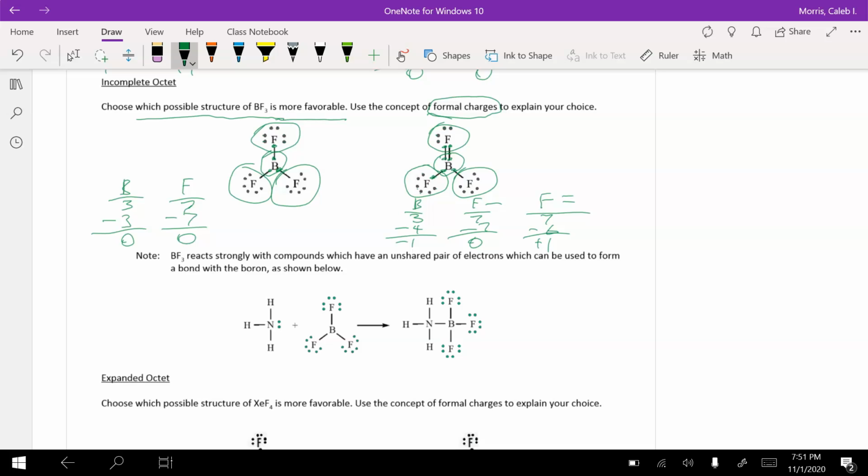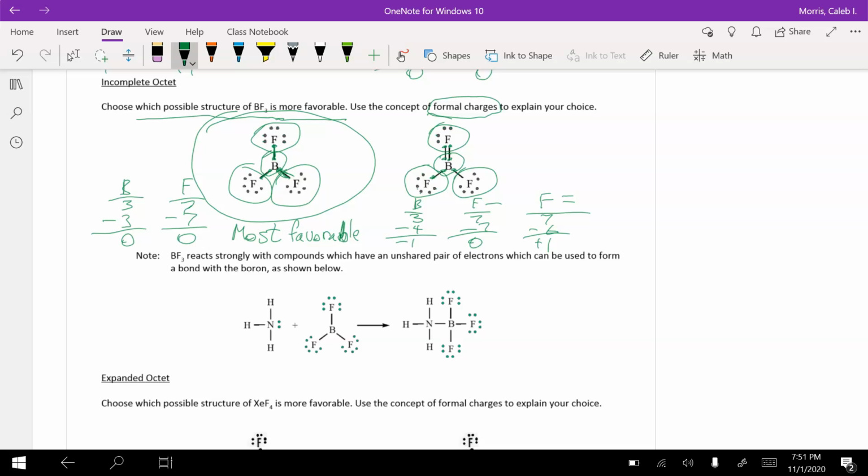And you can see that this is the structure that has a formal charge of 0. So this is the most favorable, or the most dominant or prominent structure. Again, you wouldn't necessarily assume that by looking at it, but boron, because it can be satisfied with just 6 valence electrons, and because of our formal charges, this is the most favorable structure.